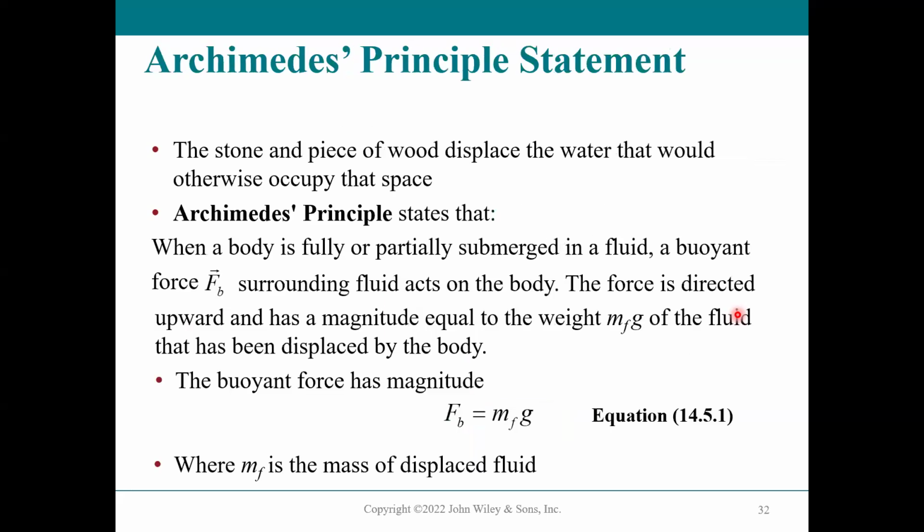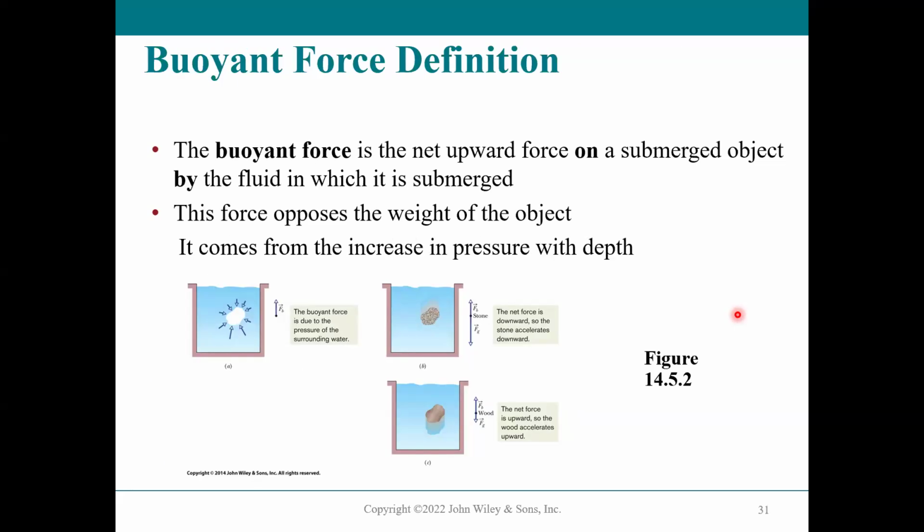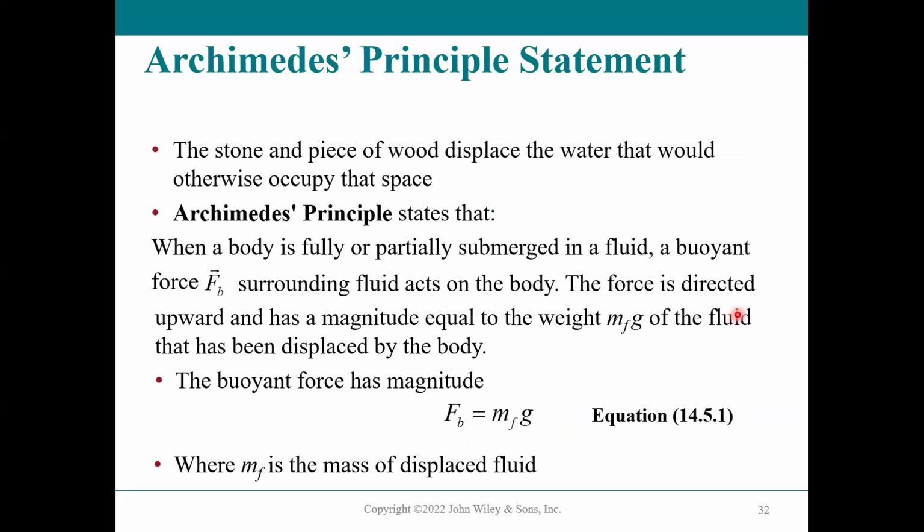And then what is the Archimedes' principle statement? In this case, there are two cases, for example, stone and wood. The stone and the piece of wood displace the water that would otherwise occupy the space. Archimedes' principle states that when a body is fully or partially submerged in a fluid, a buoyant force from the surrounding fluid acts on the body.